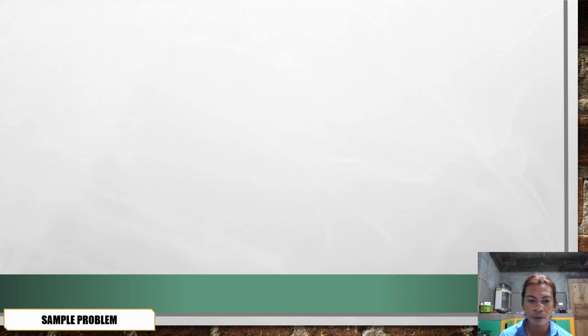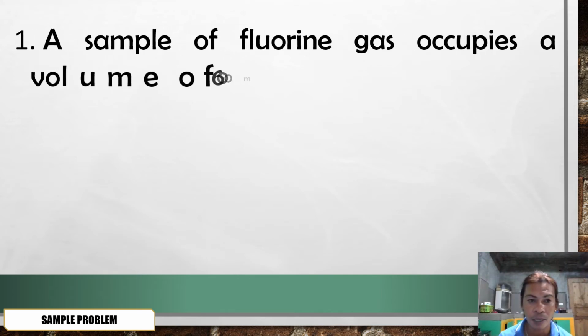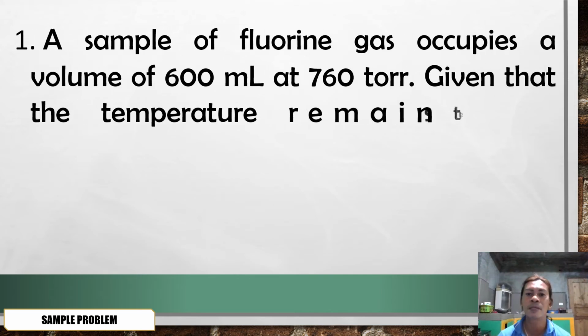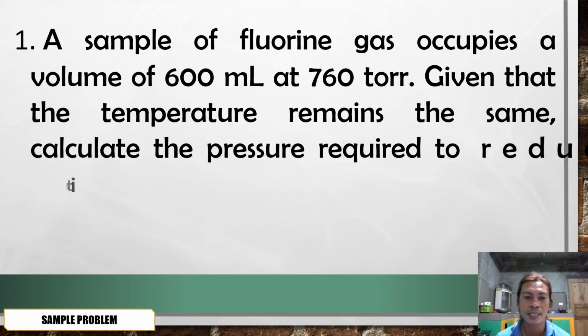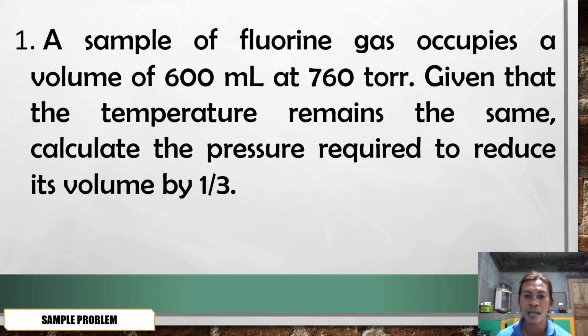Okay, let's have now example number 1. A sample of fluorine gas occupies a volume of 600 ml at 760 torr. Given that the temperature remains the same, calculate the pressure required to reduce its volume by 1/3.